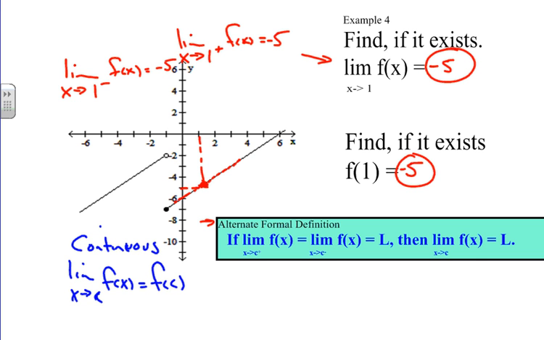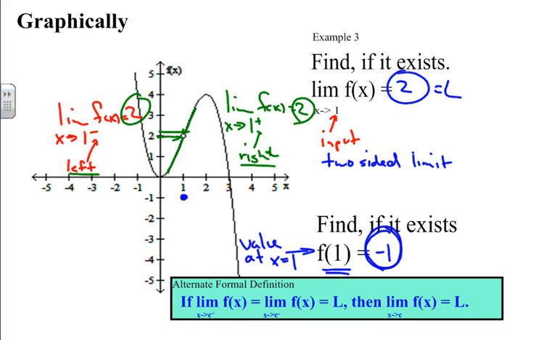In this case, the limit actually equals the value of the function right here, so we would say f of x is continuous at x equaling 1. Whereas in the other example right here, this is not continuous. There's a hole, we call a hole. And this is actually discontinuous.